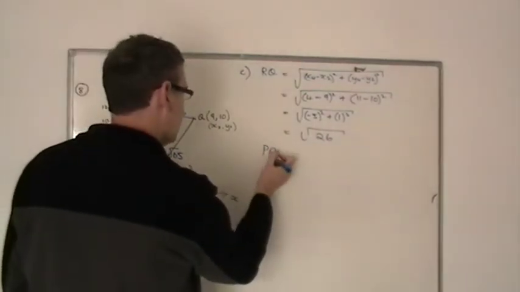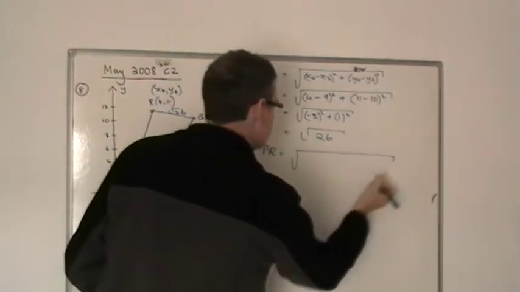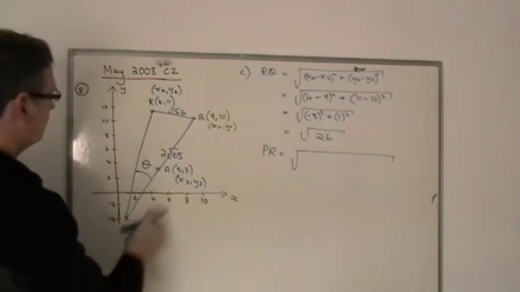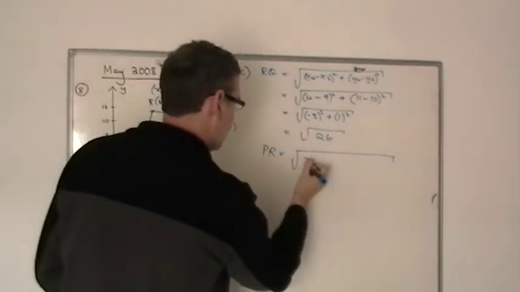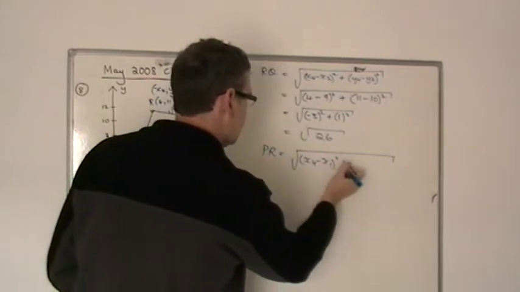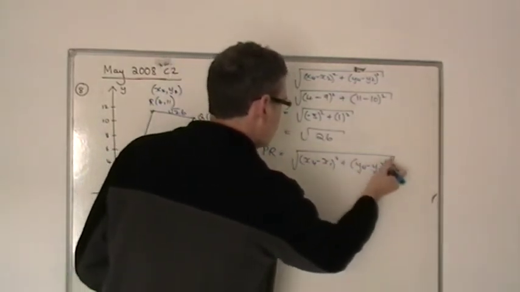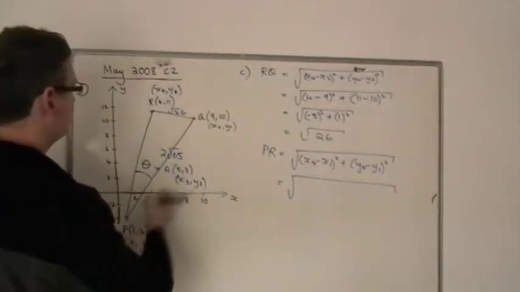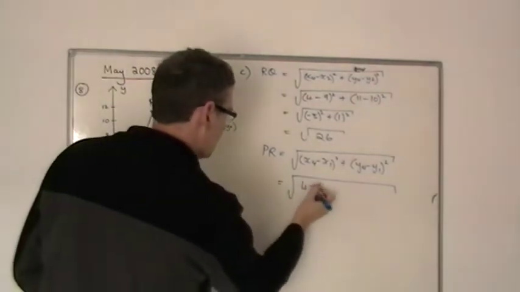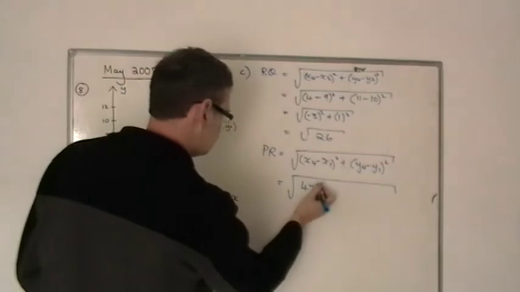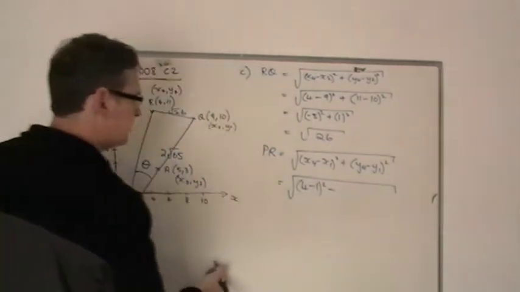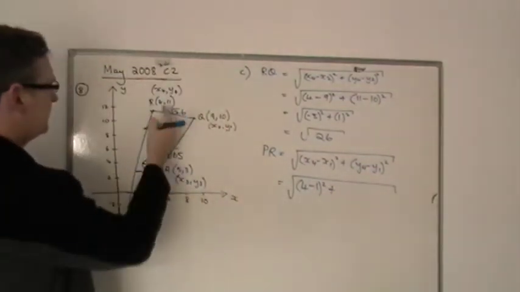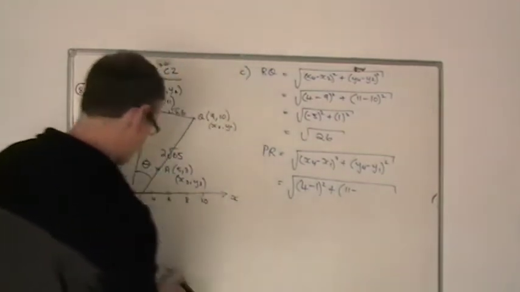P to R is, coordinate geometry again, the square root of x4 minus x1 squared plus y4 minus y1 squared, equals the square root of 4 minus 1 squared plus y4, which is 11, minus y1.